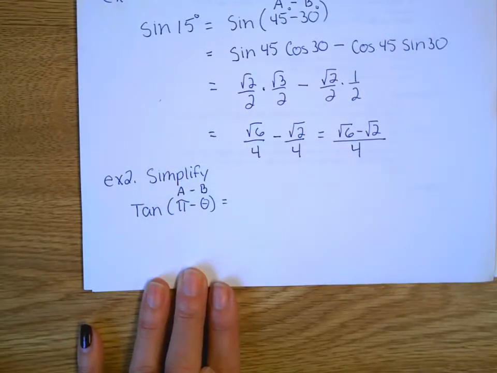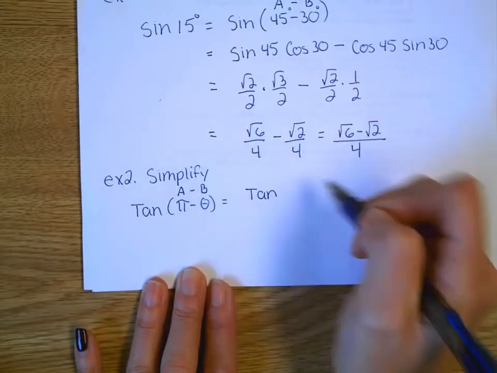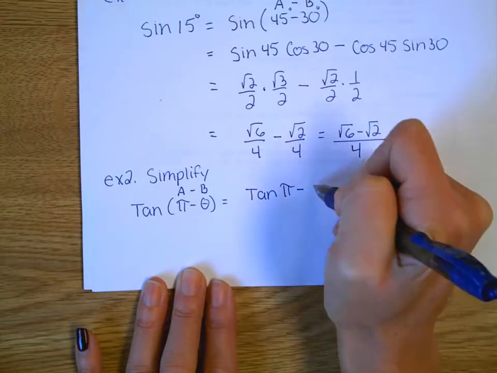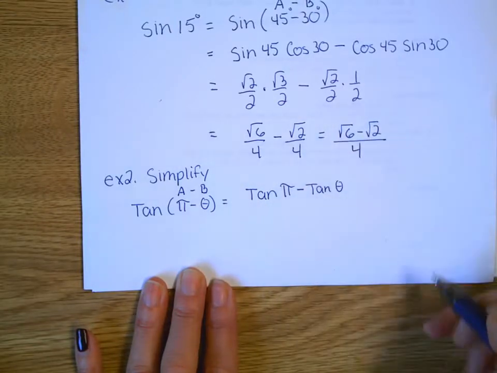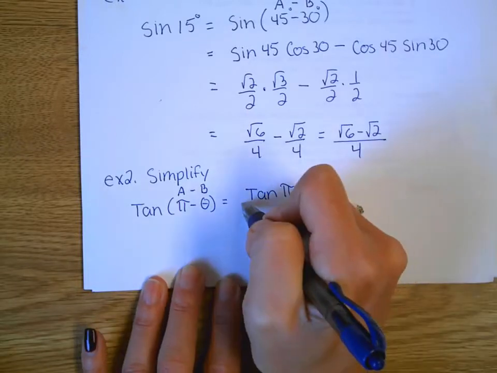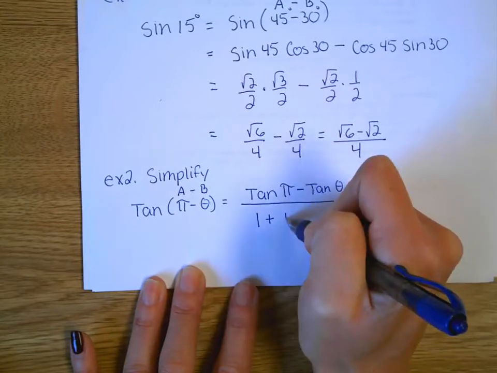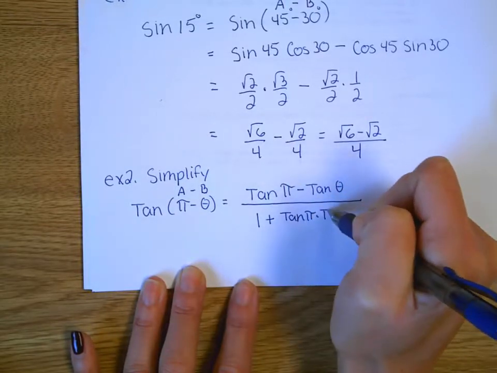If you look at the top of your notes, what does the identity say? Tan A minus tan B over 1 plus tan A times tan B. So tan of pi minus tan of theta, so just substituting in pi for the A and theta for the B, all divided by 1 plus tan pi times tan theta.